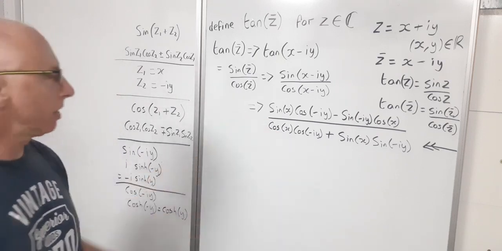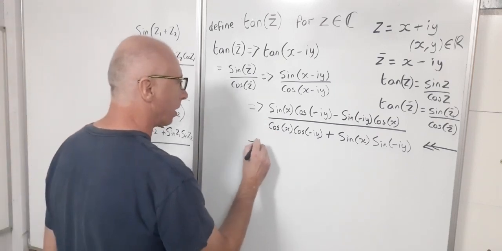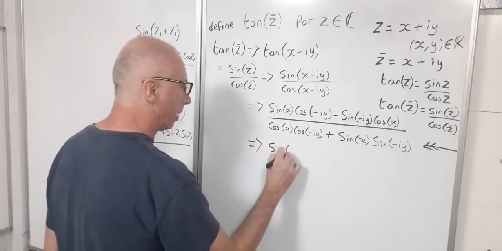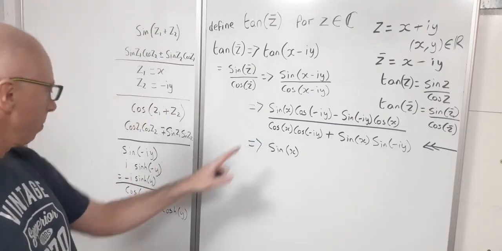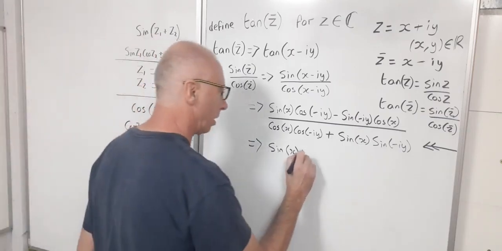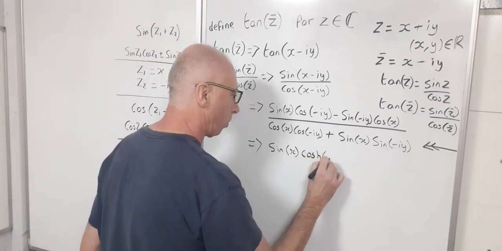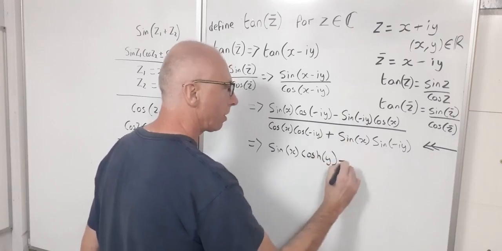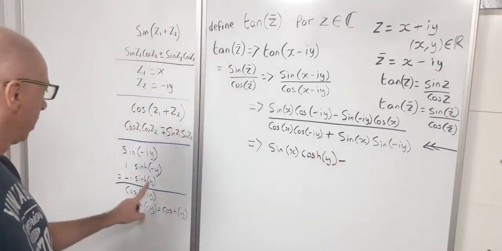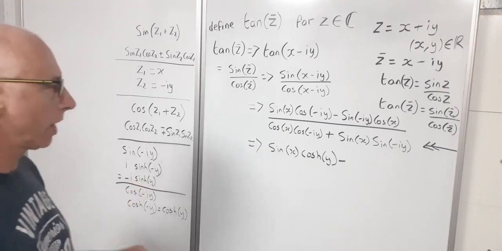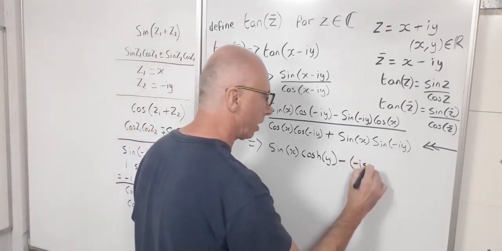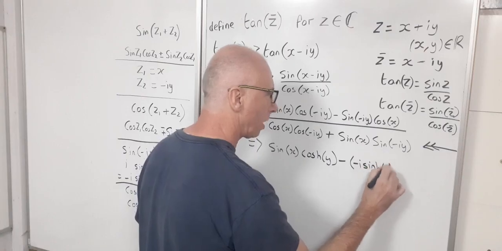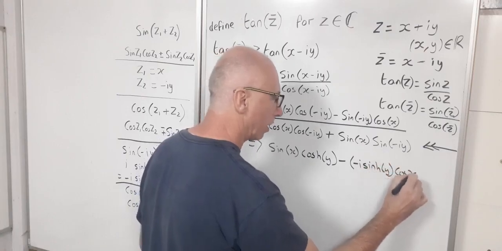So now let's rewrite these down with their identities. So sine of x, no problem. Cosine of minus IY is cosh of y. So that's cosh of y. And then I've got minus sine of minus IY is minus I sinh y. So now I'm going to just write that in a bracket. Minus I sinh y and cosine x.